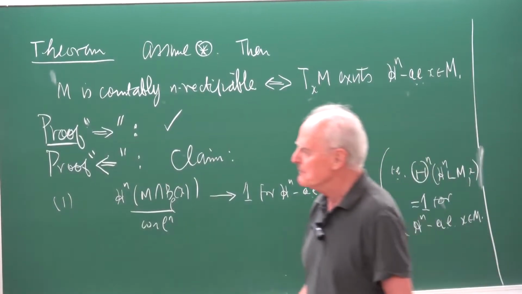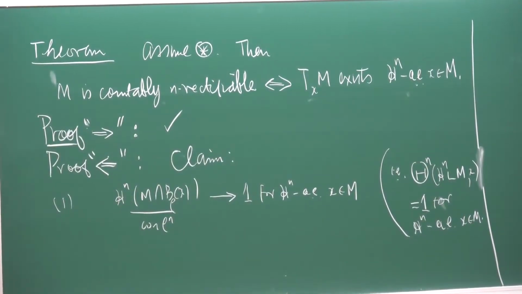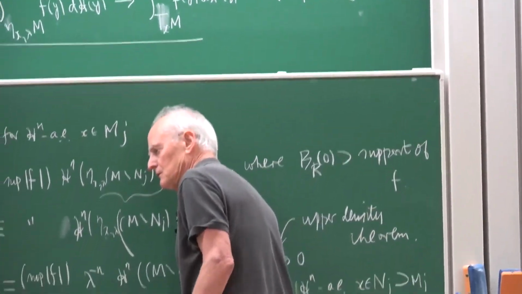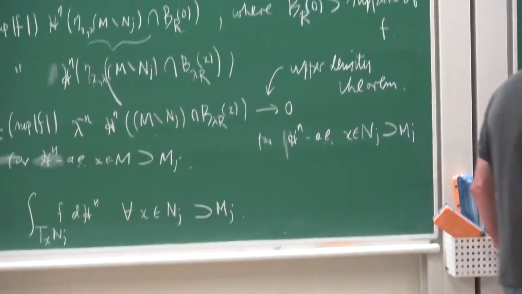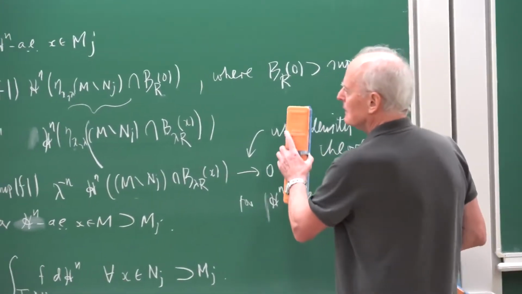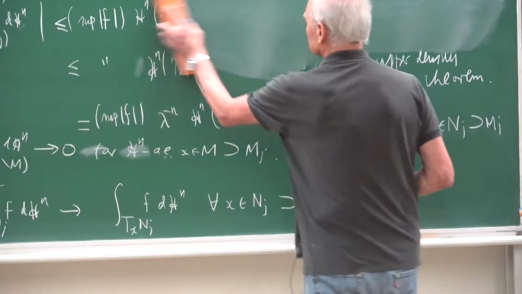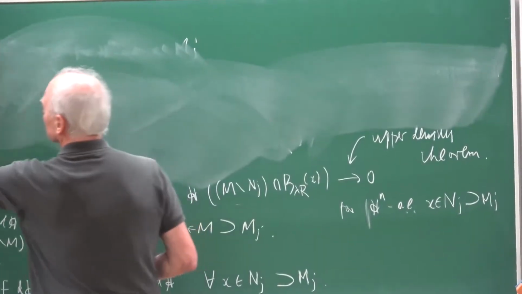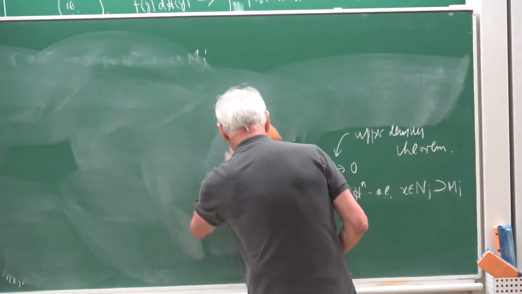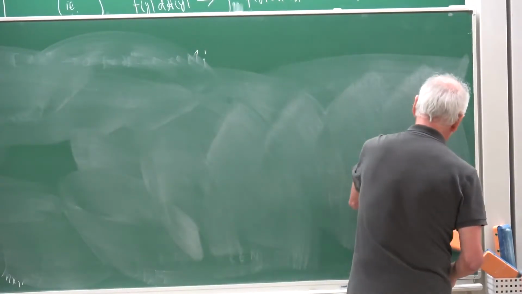The second claim is that you can also say a similar density fact, but instead of using just a ball here, I'm going to intersect with a slightly more exotic set. Let me introduce the notation for that.